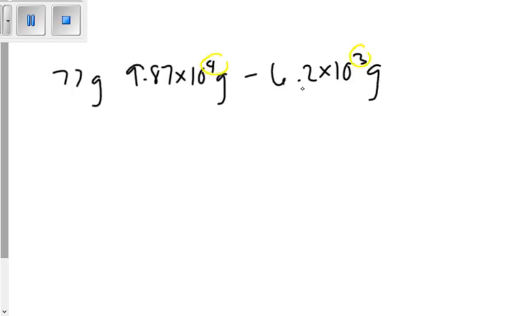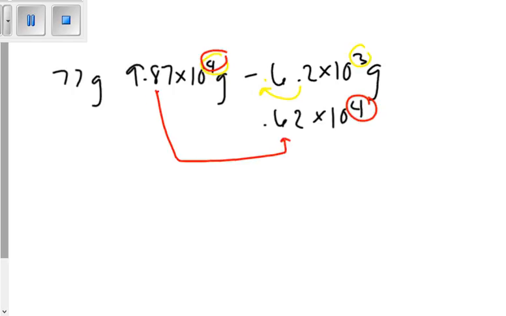So I'm going to change 6.2 to 0.62, and that will make it 0.62 times 10 to the fourth. That way, these are in agreement now. So I can perform my subtraction. So subtracting 0.62 from 9.87. And in that, you should get 9.25 times 10 to the fourth grams.